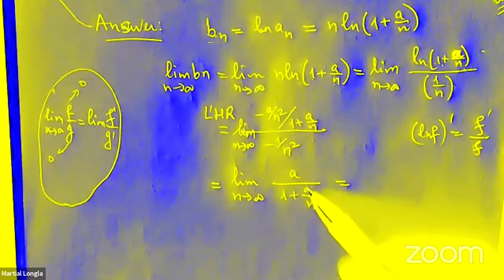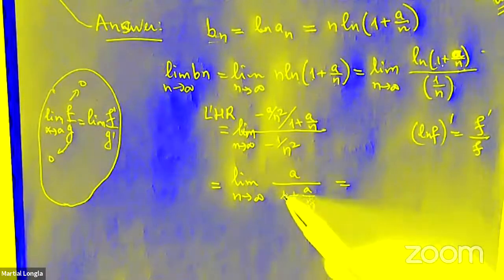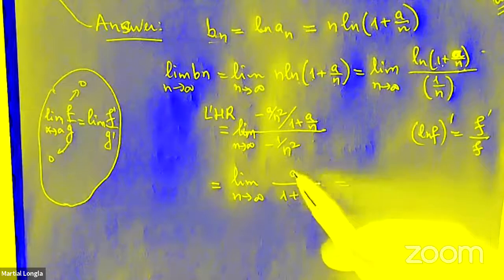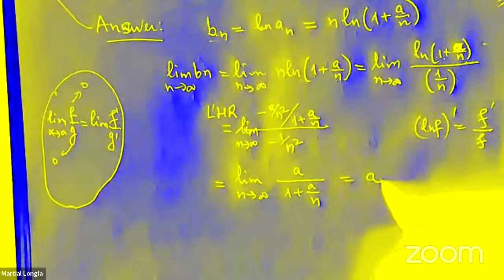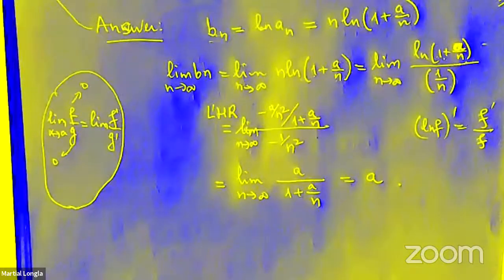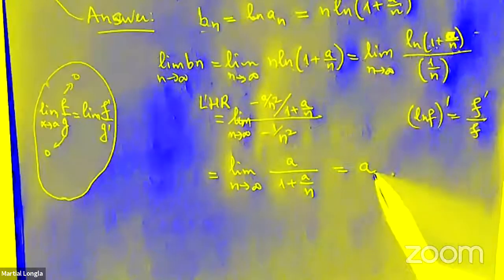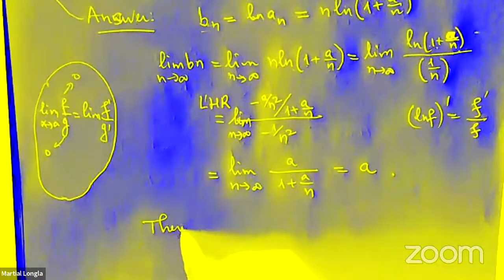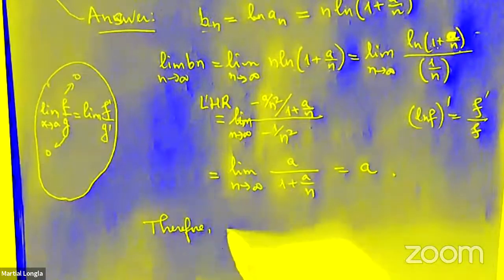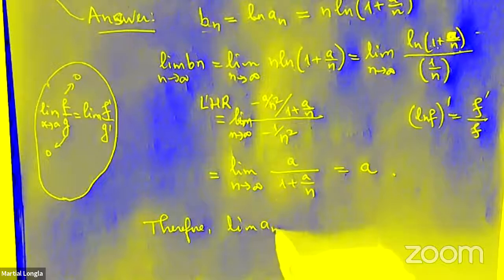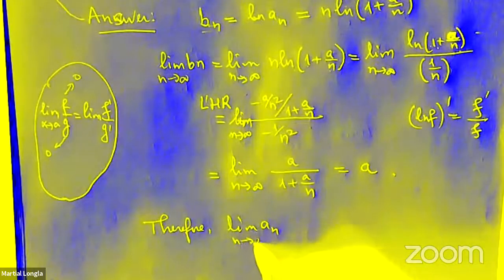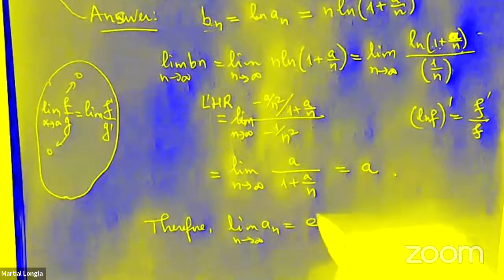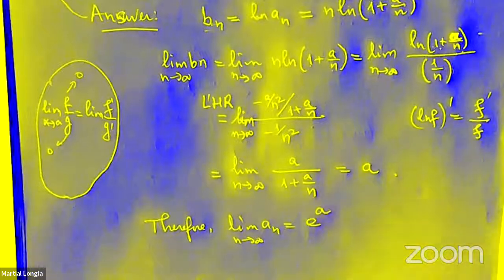When you plug in infinity, a over infinity is 0. 0 plus 1 is 1. A over 1 is a. So the limit of bn is equal to a. Therefore, the limit of an is e to the a.